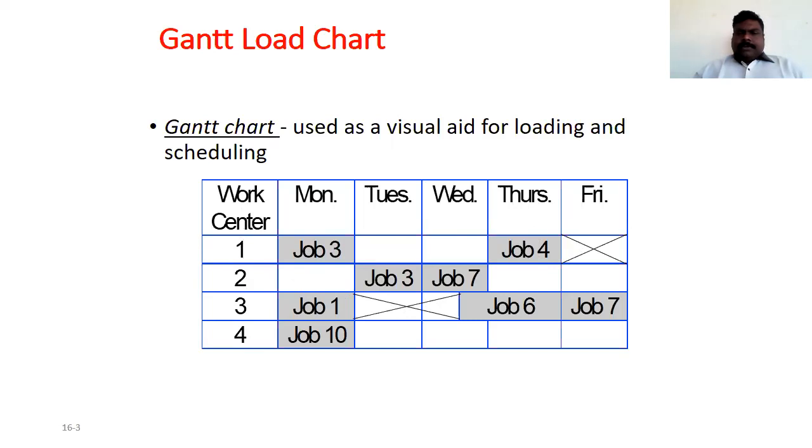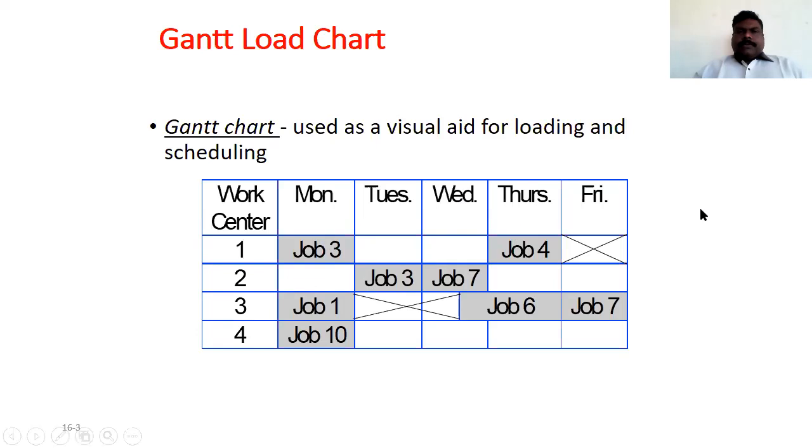The seventh job will be done on Wednesday and Friday also. This is an example of how the jobs will be scheduled. This chart shows us the schedule of our jobs.